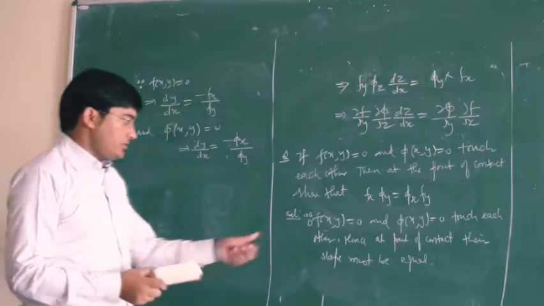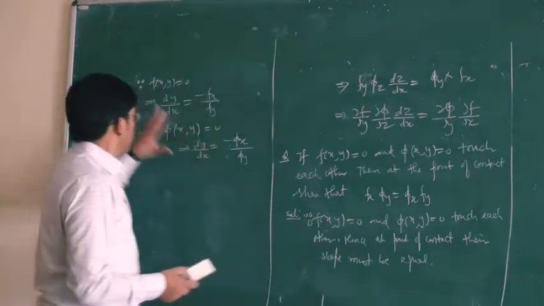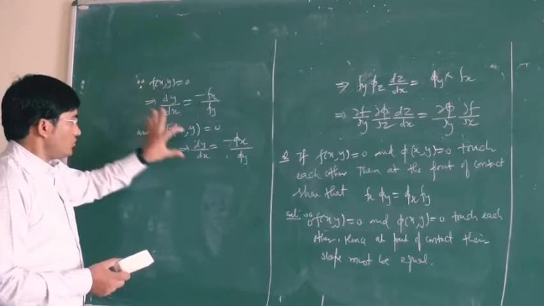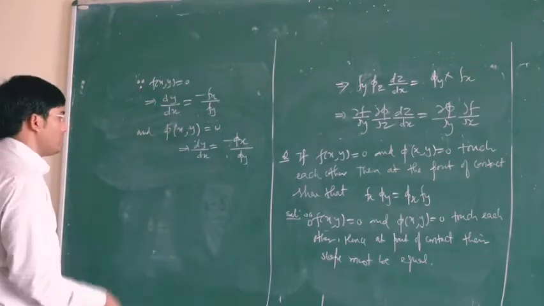As these two curves touch each other, at the point of contact, say at (x, y, z), these two slopes will be equal.